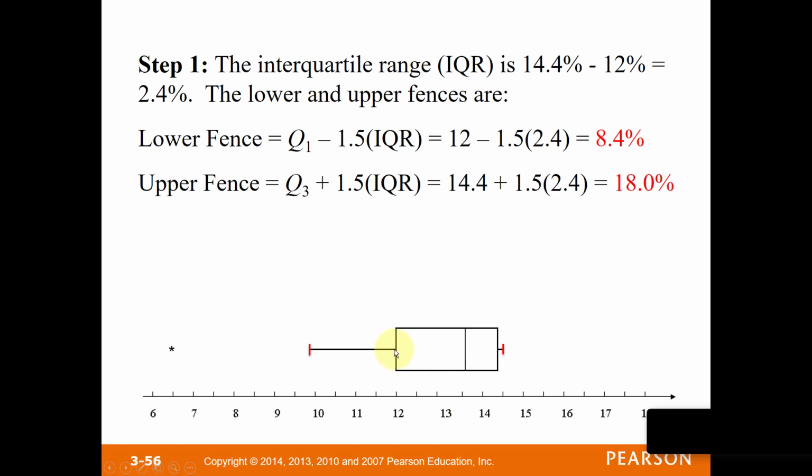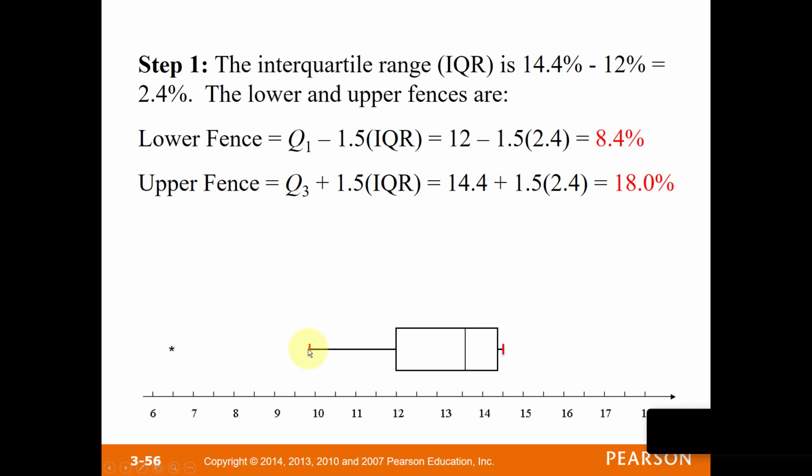Then you have, finally, the concept of whiskers. This is a whisker. This is a whisker. How are the whiskers marked? This end of the whisker on the left is the smallest value inside the fences. Remember, the fence is 8.4, so the fences were out right in here. So this is the minimum value out here marked as an asterisk, as an outlier.